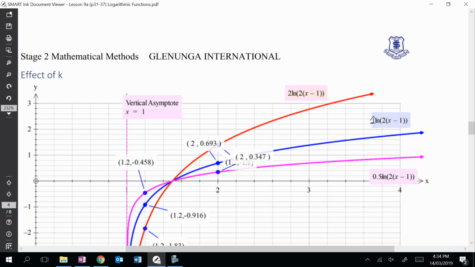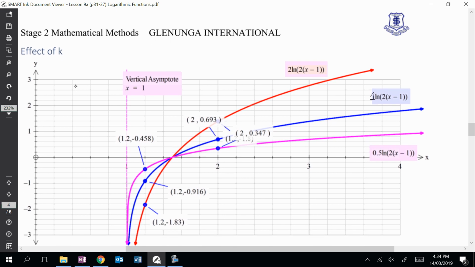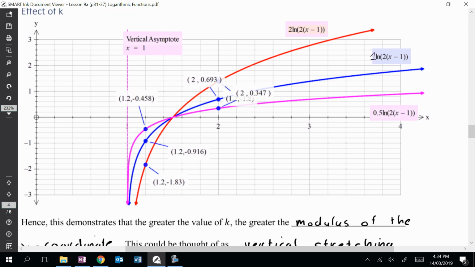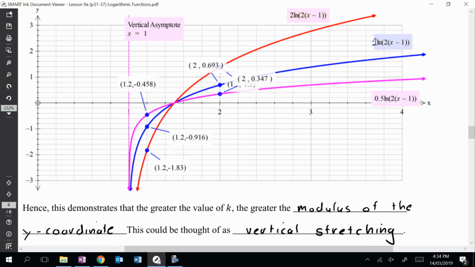So this purple function, where it's a half, is the closest to my x-axis. The blue one, where it's 1, is further away, and then the 2 is the furthest away from the x-axis. So, the greater the value of k, the greater the modulus of the y-coordinate.